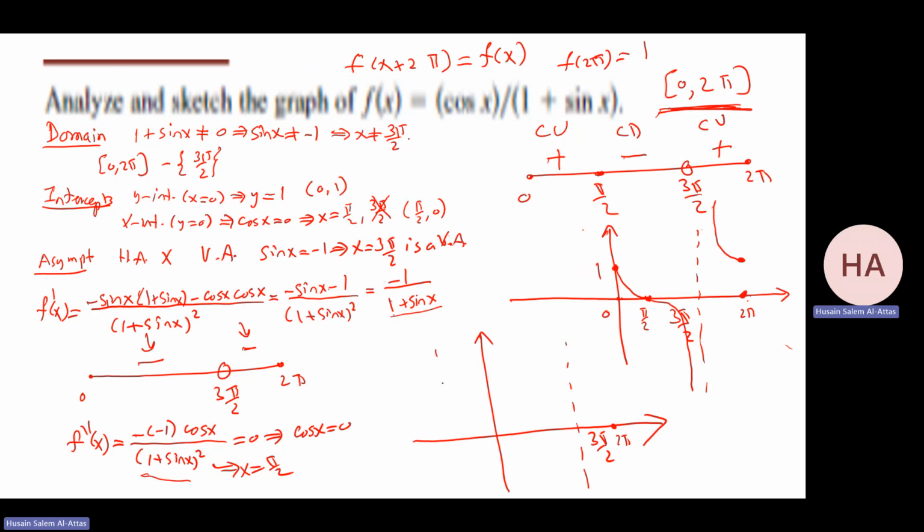To make it complete, I have also minus pi over 2, then I have minus 5 pi over 2. It will go all the way until 1. Then it will go to here, concave up all the way, then it will concave down, then concave up again, and continue.